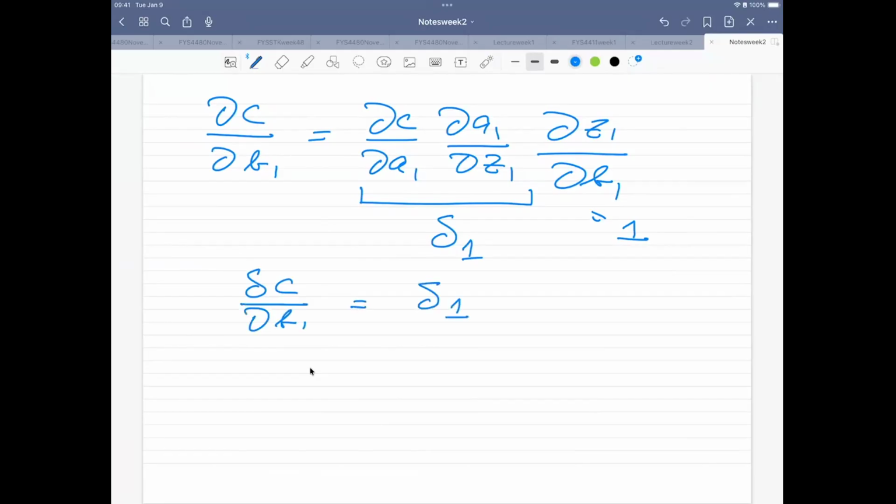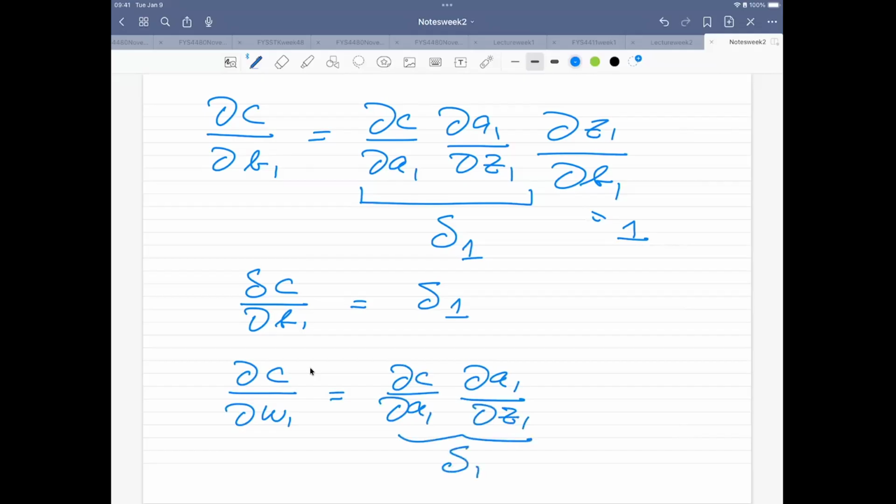And then if we go back and look at dC/dW1, just let me repeat that one on this page here, this is delta 1 multiplied with x. So just to remind you quickly, dC/dW1 we would typically write as delta 1 times x.